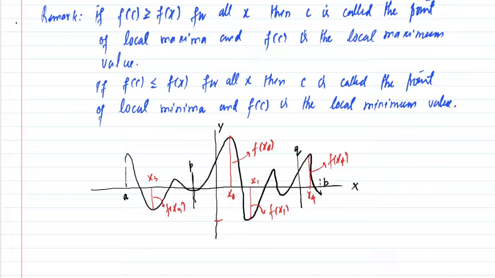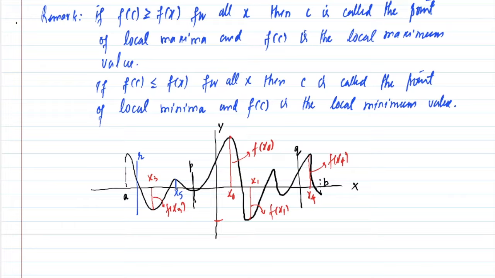Now again, suppose we take a different point, some point r, and we want to look for the local minima and the local maxima on the interval r to p. Then we can see this point, let's call it x5.